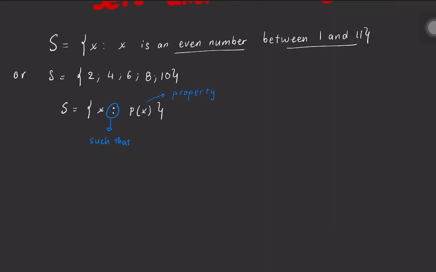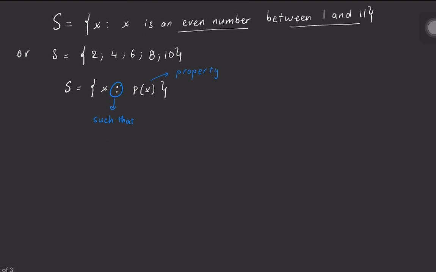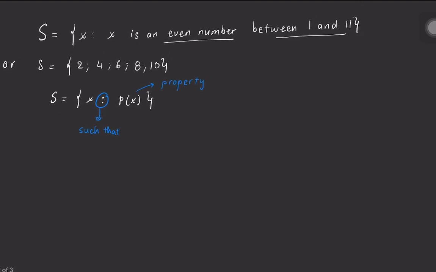So in general, a lowercase letter x denotes an item that may or may not be an element of some set.